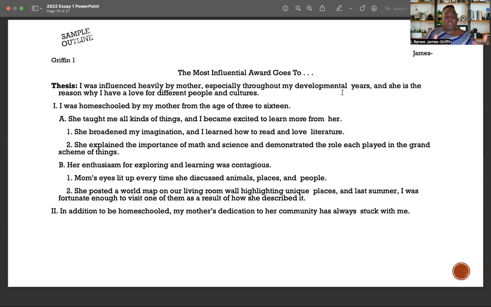And those are the steps that you want to take in your essay. Developing your outline will help you see where the holes are. Did I provide information? Did I provide details? Did I give a specific example of what I'm referring to? Okay, again, this outline can be found on Blackboard.